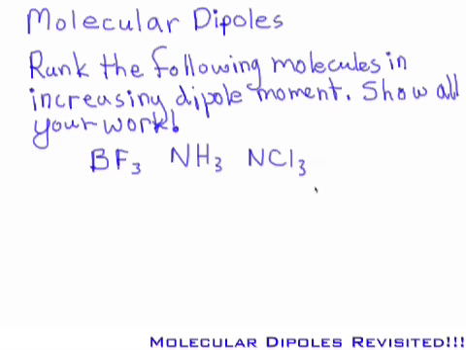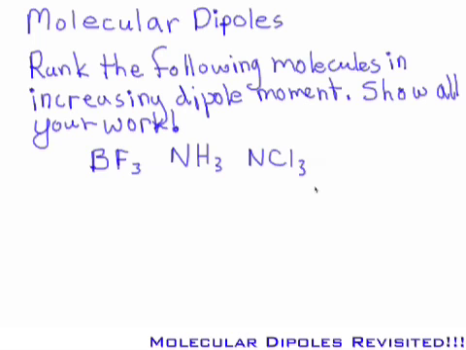In order to determine the dipole moment of this molecule, I must know its shape. I must know all of these molecules' shapes before I can put in the dipoles and add the vectors. Before I can know shape, I must know the hybridization. Before I can know hybridization, I must know if any of these molecules' central atoms have lone pairs.